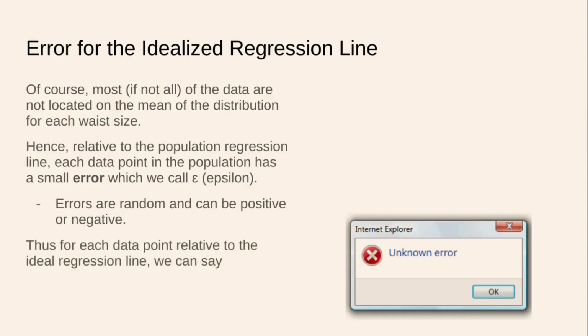So thus, for each data point relative to the ideal regression line, we can say that the y value for the point is right along this regression line, except it's a bit off. Okay, so here's the regression line itself, but this y value is not on the regression line. It's going to be off by a little bit. It's going to be off by epsilon, which means that it's going to be a bit above the regression line if epsilon is positive, or a little below the regression line if epsilon is negative.